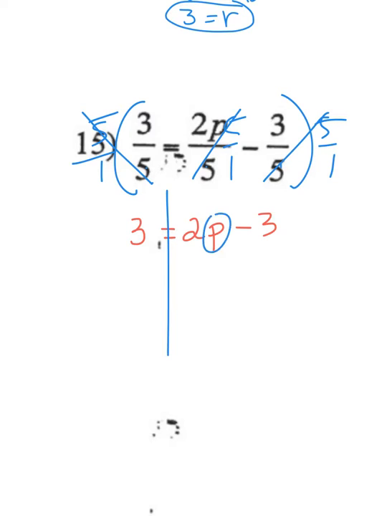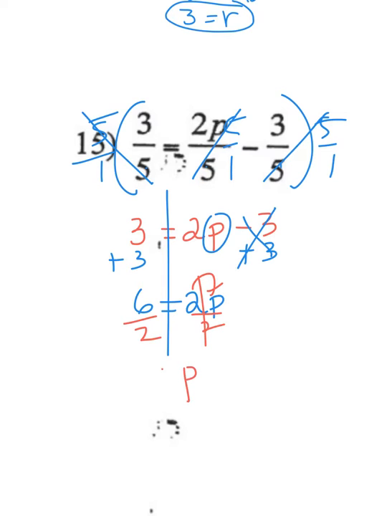There's my equal sign, there's my variable, plus 3, that cancels out, 2p equals 6. This is multiplication, so divide by 2, p equals 6 divided by 2, 3.